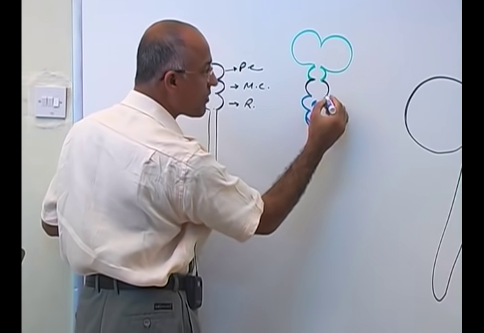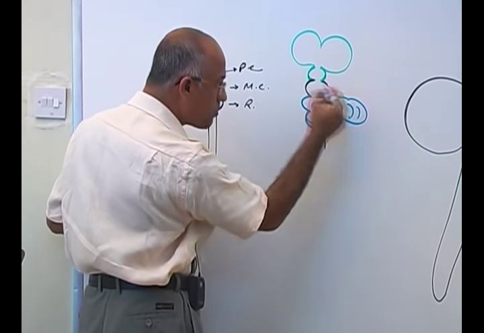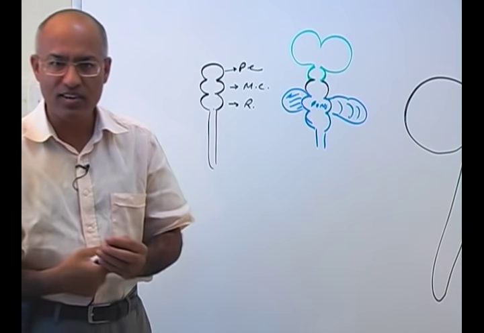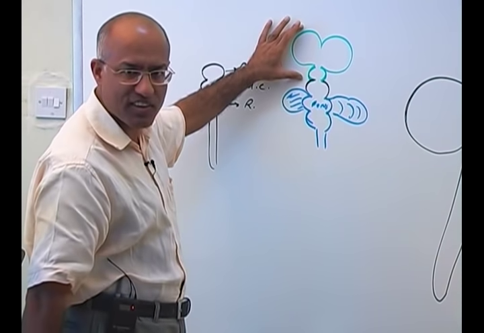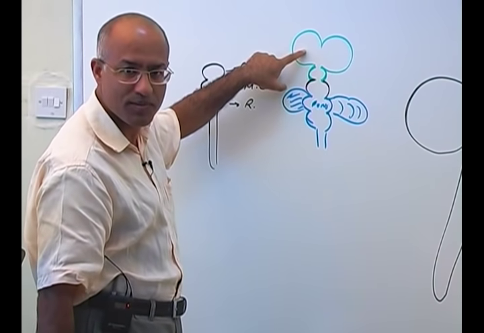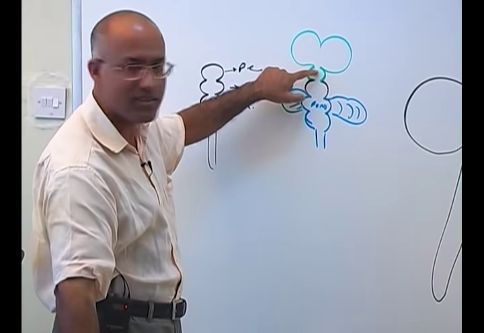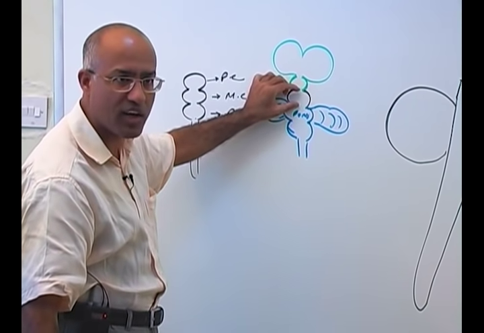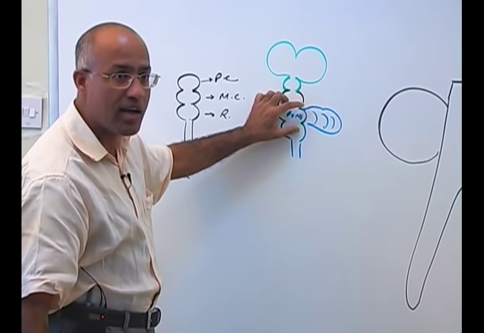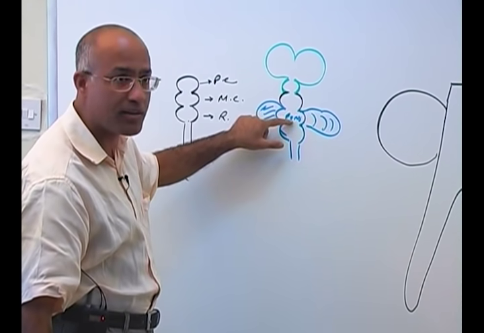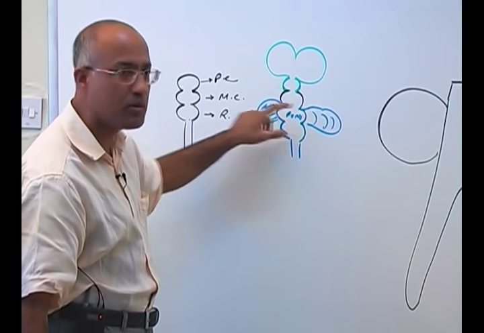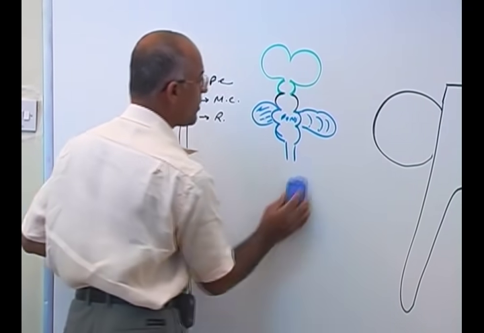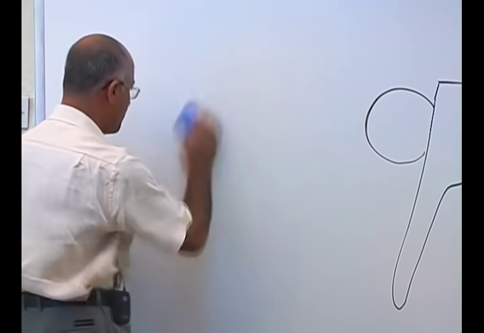Pons also develops from metencephalon. Cerebellum also develops posteriorly from the metencephalon. Again, from the prosencephalon, this is telencephalon, this is diencephalon, this is mesencephalon. Here it is rhombencephalon. From the rhombencephalon, the metencephalon component eventually develops the cerebellum.